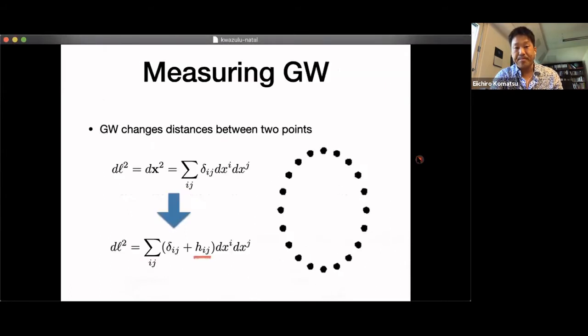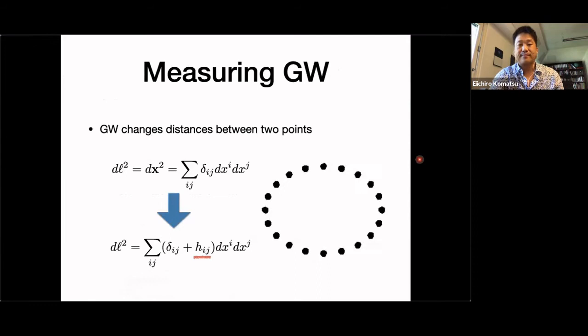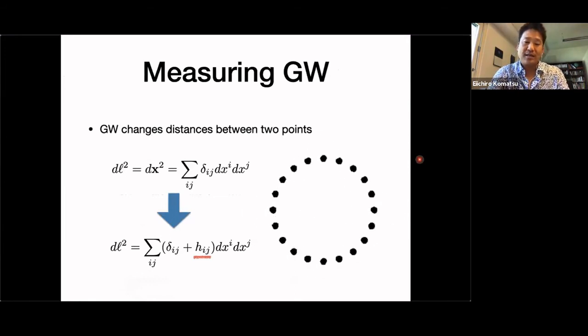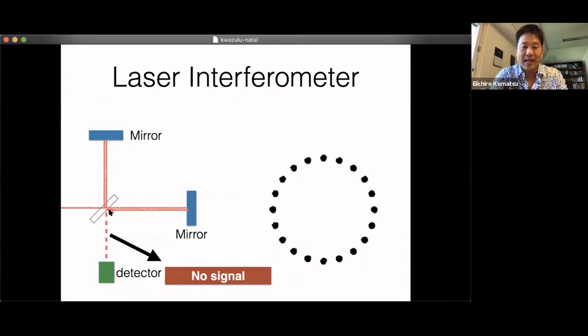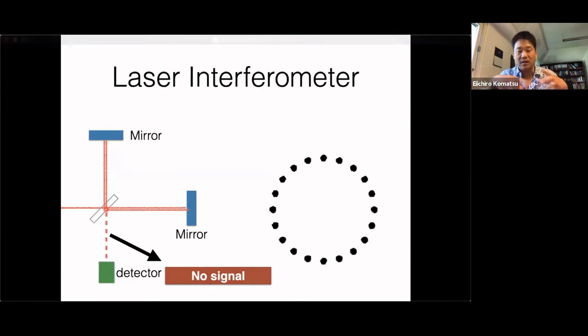Okay, so how do we measure this thing? Well, you might know, you want to have a laser interferometer, so you shoot the laser from the left, you have a beam splitter, you send the beam above, send the beam to the right, the beams bounce off, you recombine them here, but then the initial phase when you beam split is such that crests and troughs of the light waves will cancel, right?